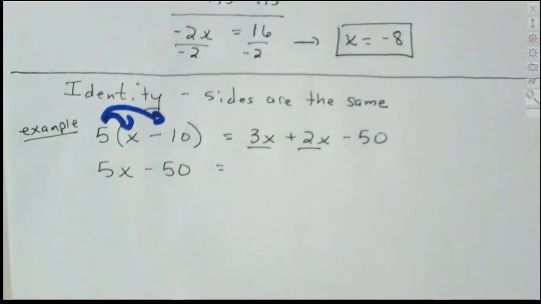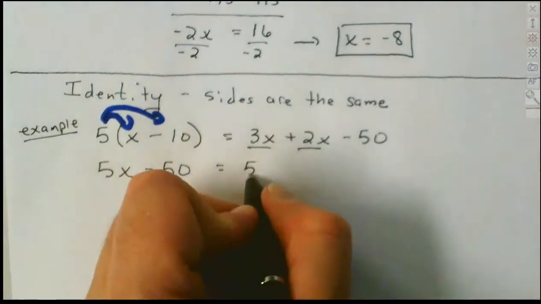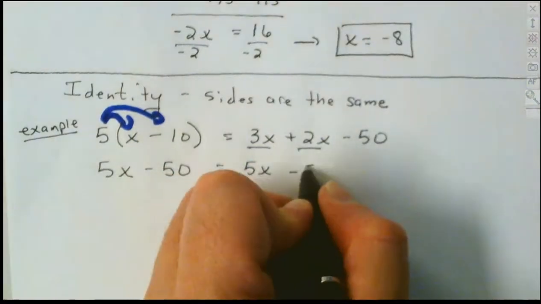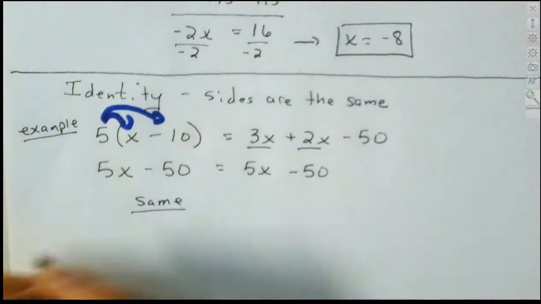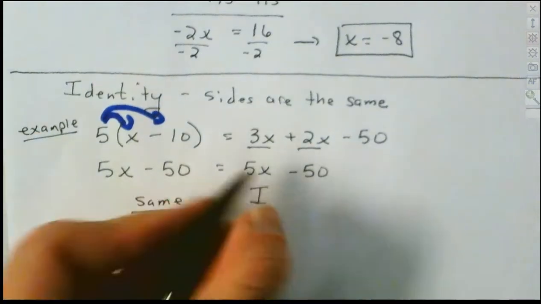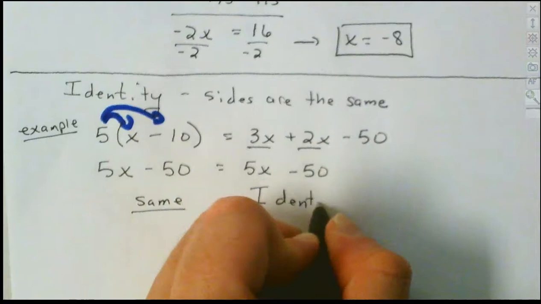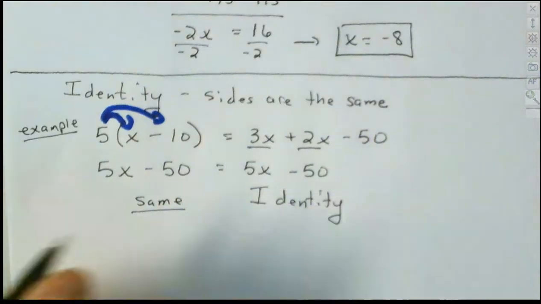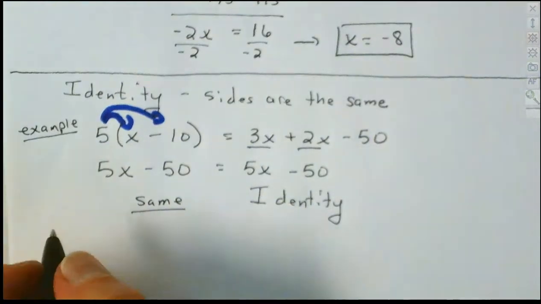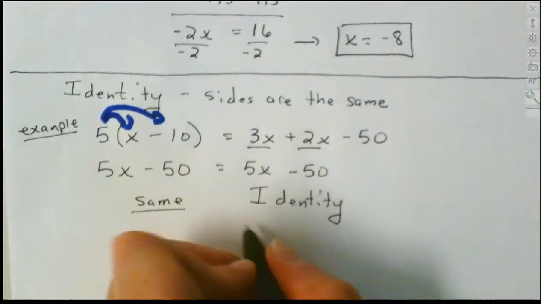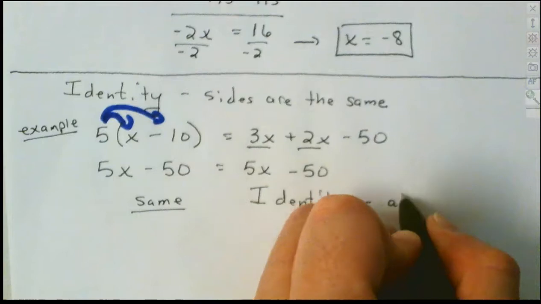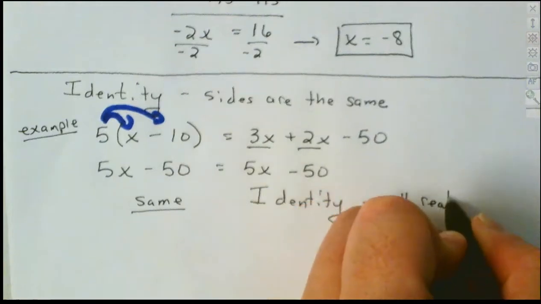So a 3x and a 2x, those are like terms. So those can go together, makes it a 5x. These are the same. If the sides are the same, then this is called an identity. And for the identity, your solution is going to be all real numbers. So this is an identity, and it will be all real numbers.